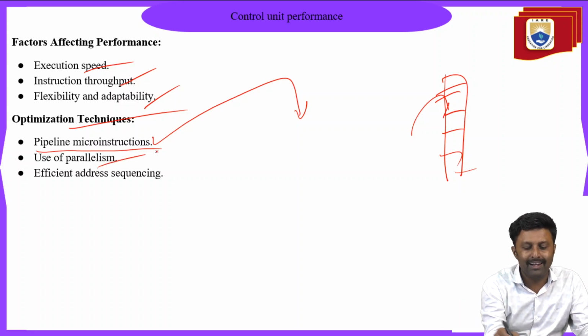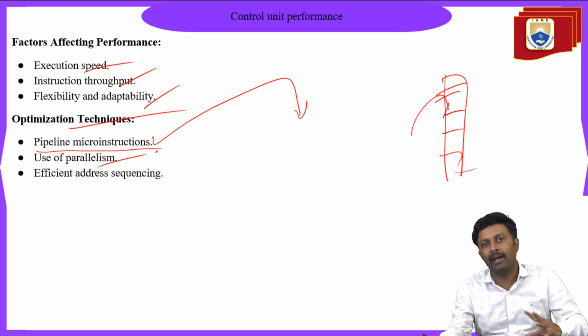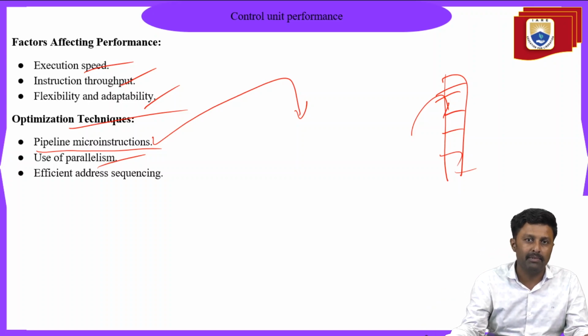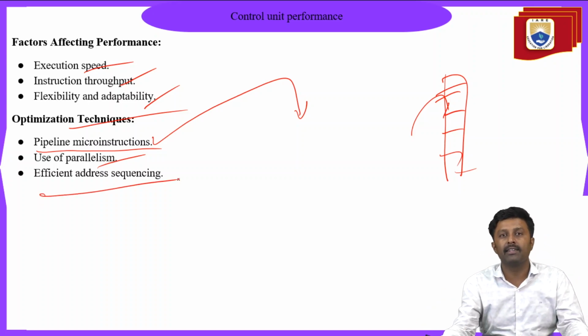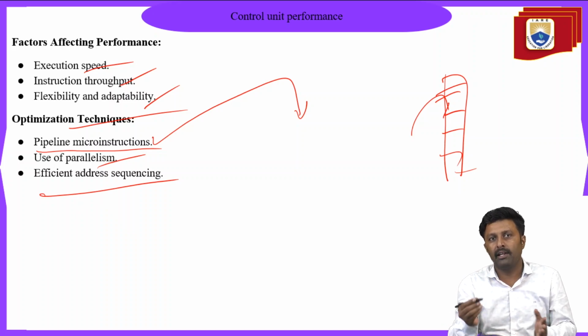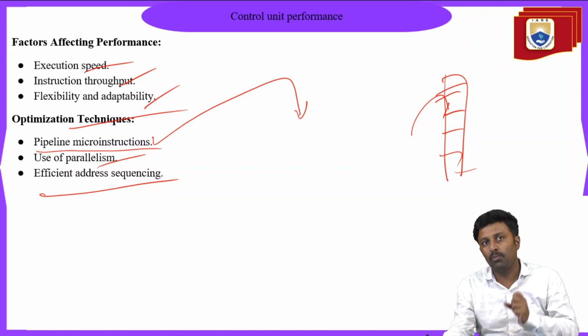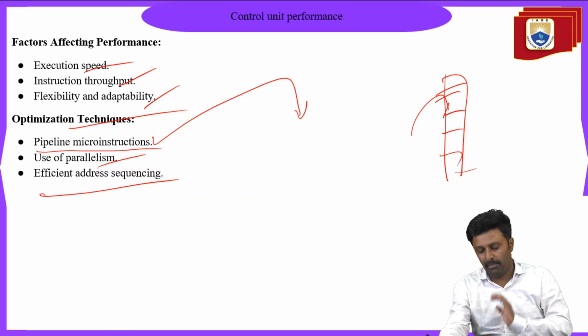We can also use parallelism, executing more than one instruction at the same time. And we can use efficient address sequencing, so that the execution speed will be higher, instruction throughput will be high, and it will be flexible and adaptable.